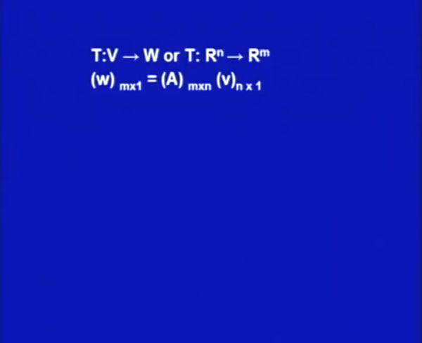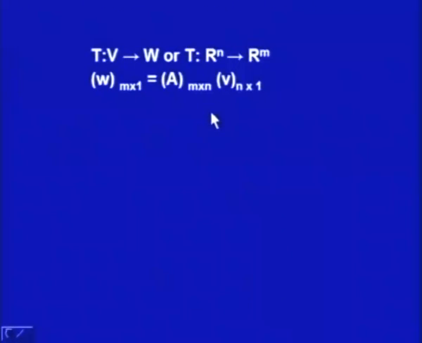Now if T is a linear transformation from V to W, or we can say T is a transformation from Rn to Rm, then W, which is a column vector m by 1, is equal to the matrix A, an m by n matrix, multiplied by the column vector n by 1.